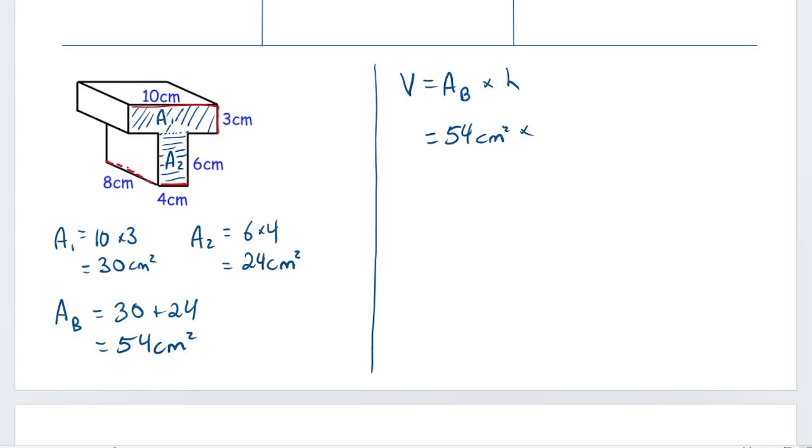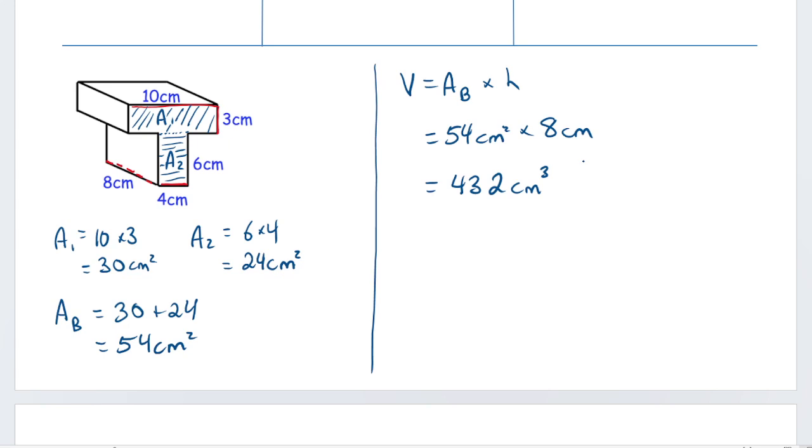And our height, in this case more of like a depth, is 8 centimeters, which is 432. I really should have my calculator out and not be doing this off the top of my head. Let's double check. 432. Oh, it's a good night.